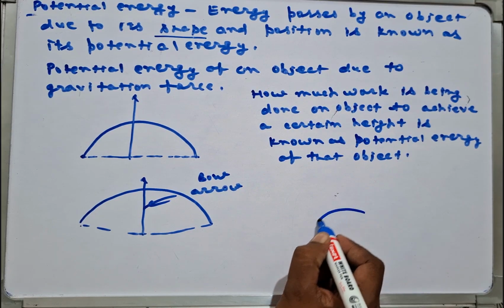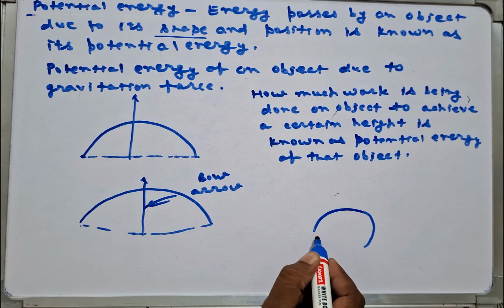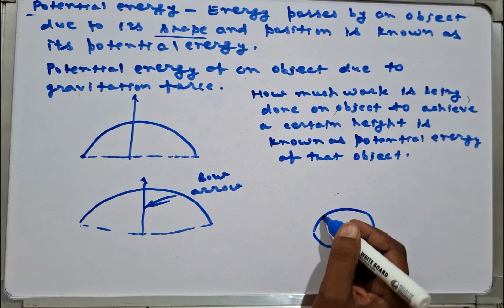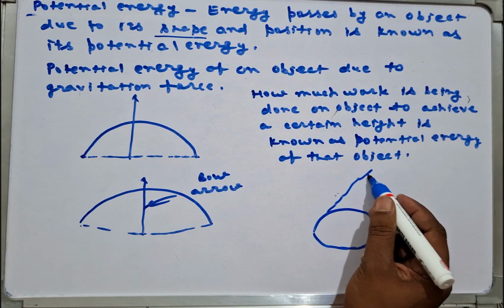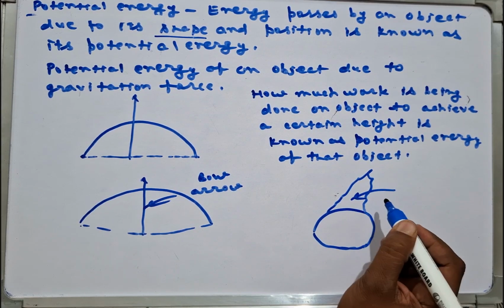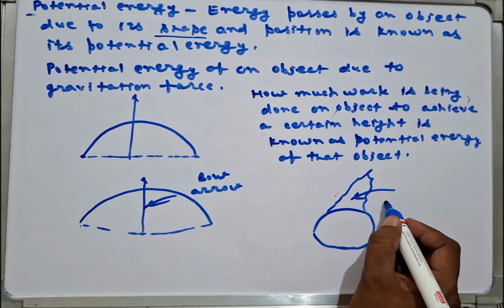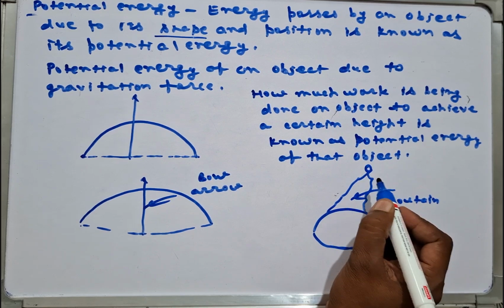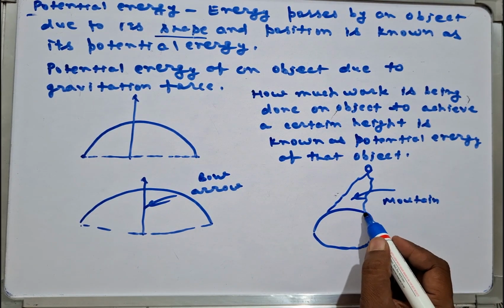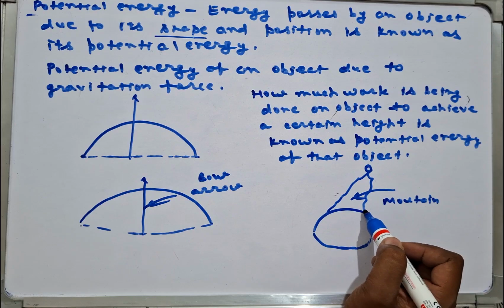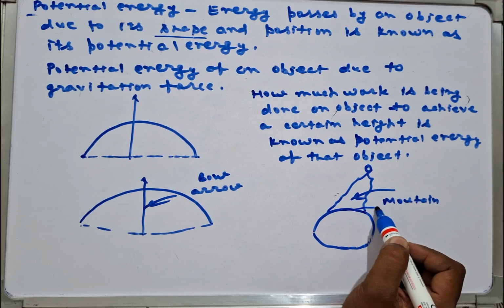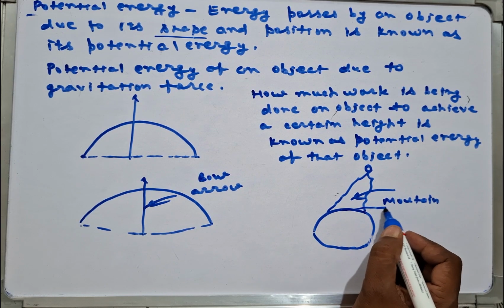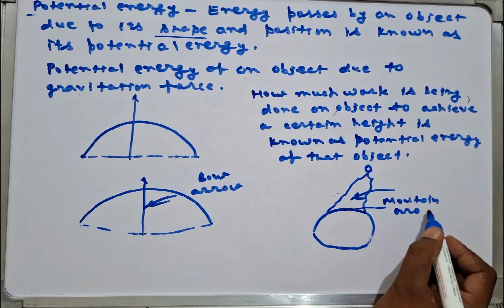Suppose this one is the earth, suppose this one is a mountain, and one ball is here. So how much work is being done to reach the ball, suppose here this one is the ground.